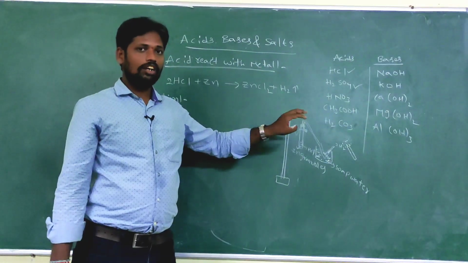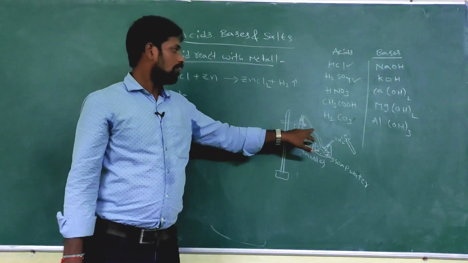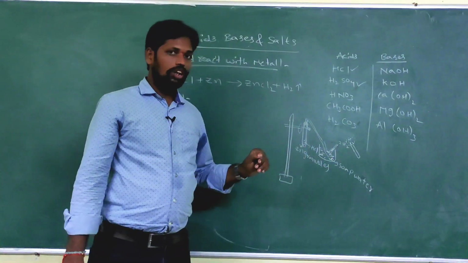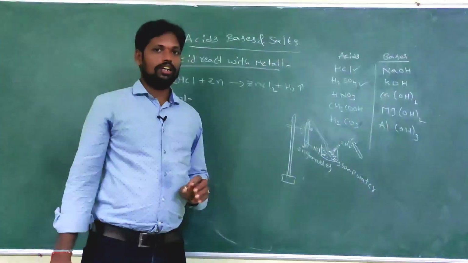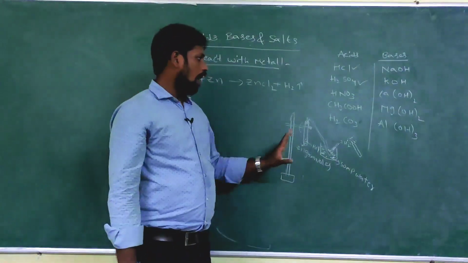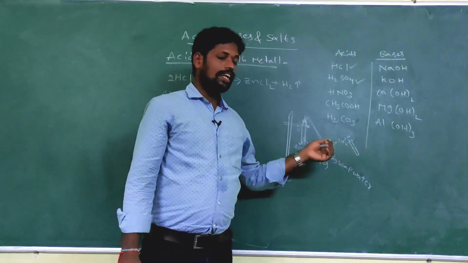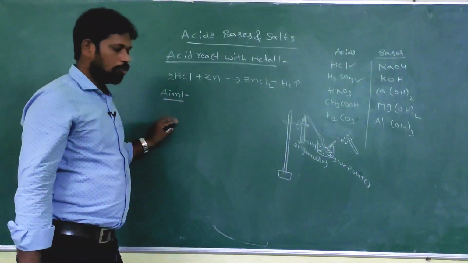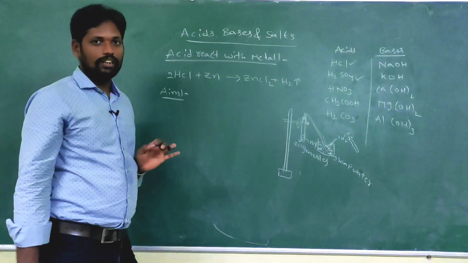No gas is available outside, because you use a delivery tube, rubber cork and trough. In the trough you use soap water, and to test the released hydrogen gas you use a candle and matchstick. So write the aim and the requirements, the materials you use.